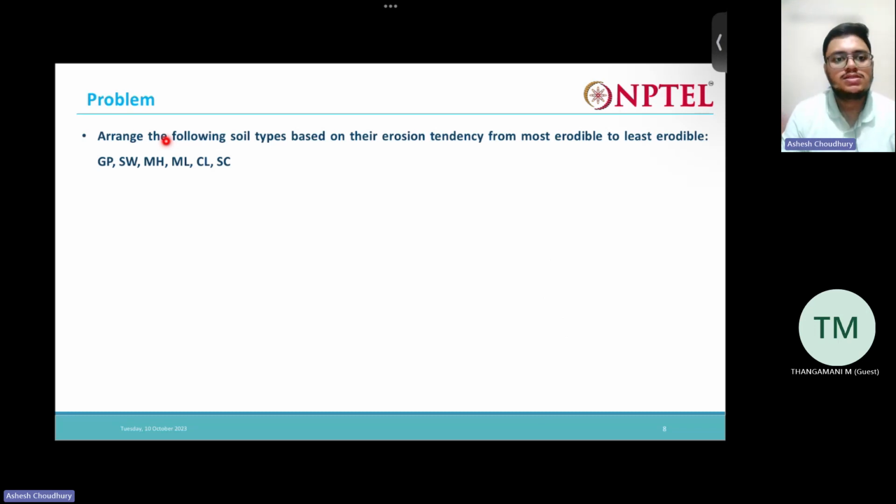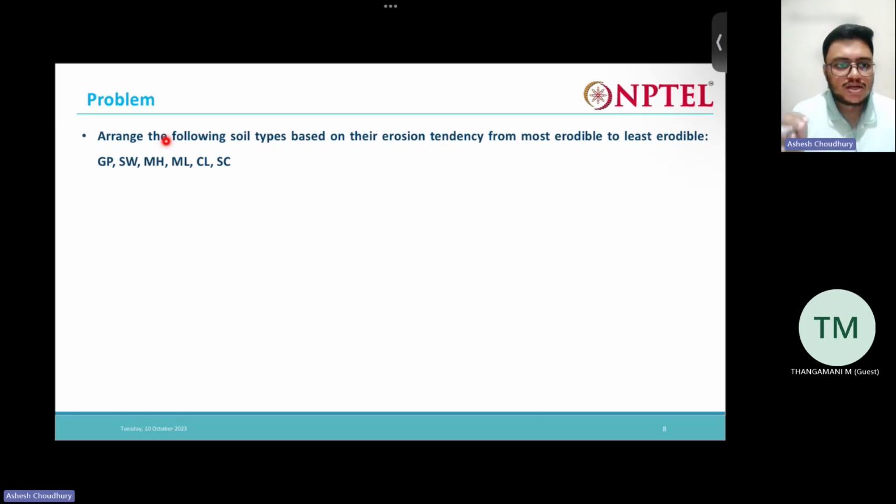So what do you think, which one will be the least erodible? Just a guess. Just by seeing, we can say. We know that if the size is more, then it will be less erodible, right?